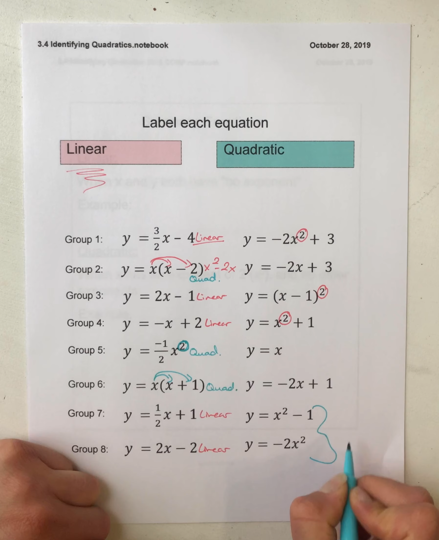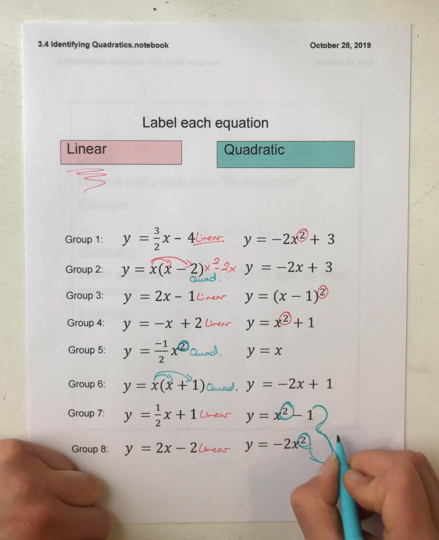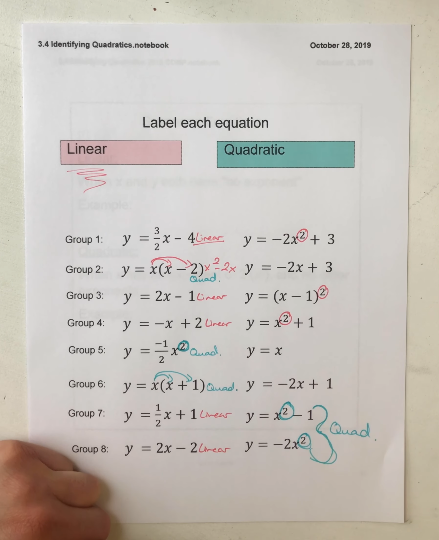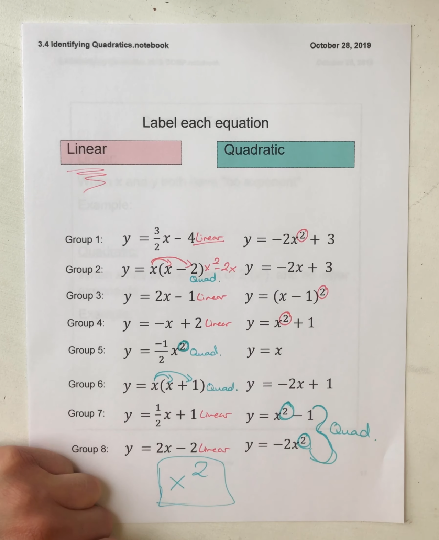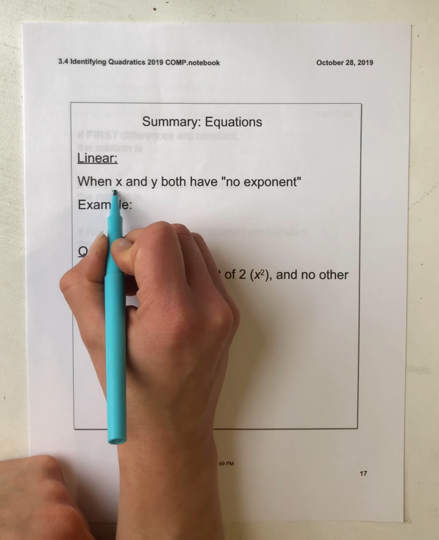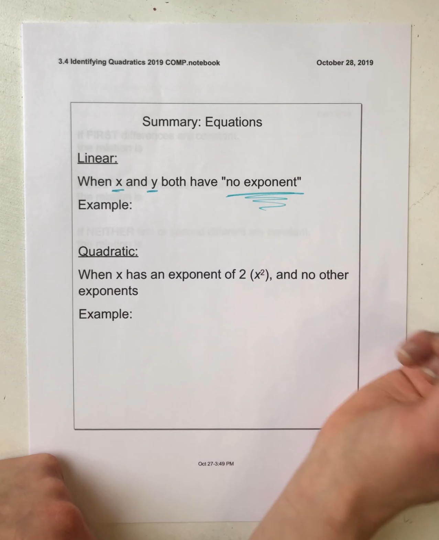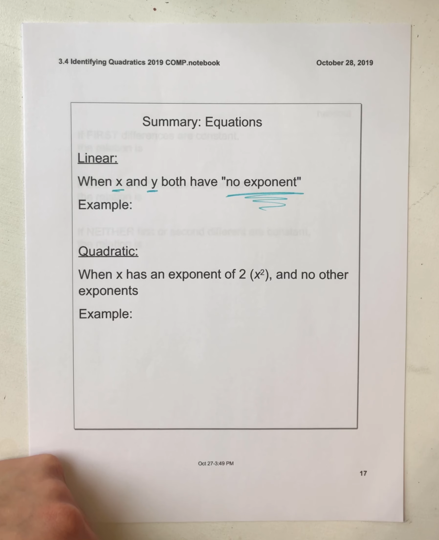These two, because they have squared, are both going to be quadratics, okay? So if there is an x squared, it means it is a quadratic. So our summary: linear is when neither of these have an exponent, no exponents. Whereas a quadratic is when there is an x squared, there is an exponent.